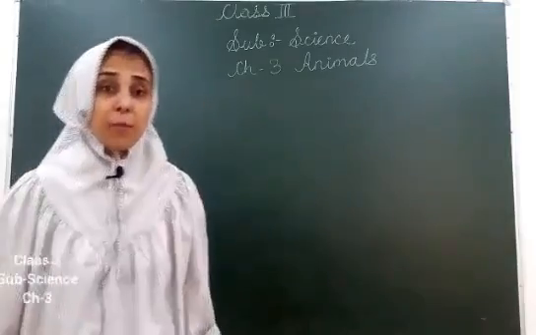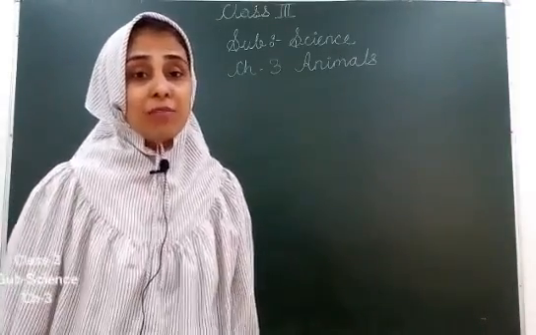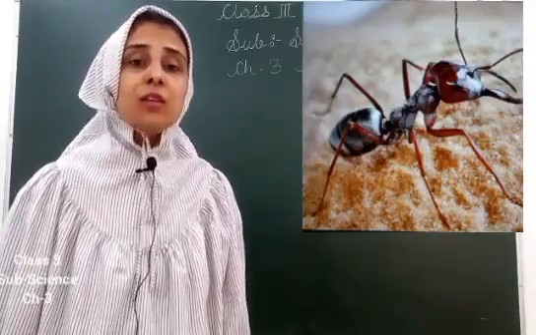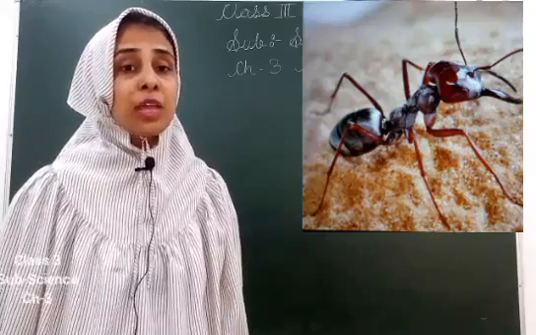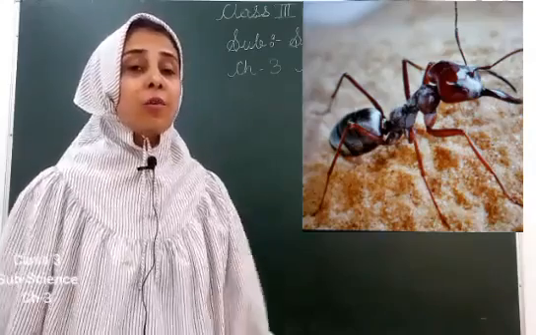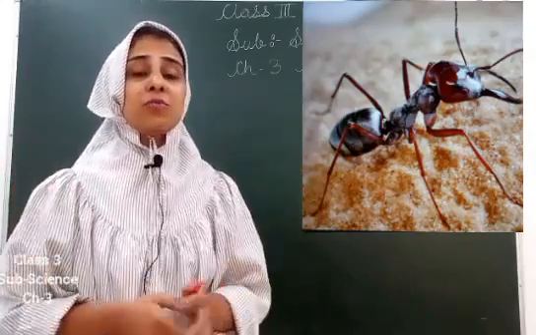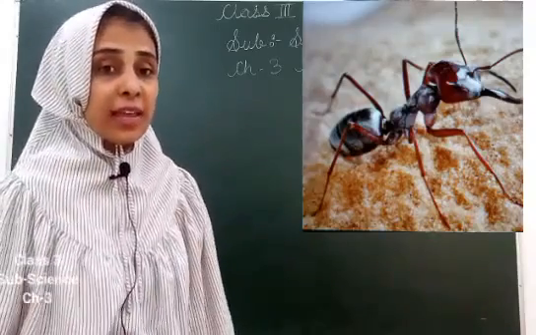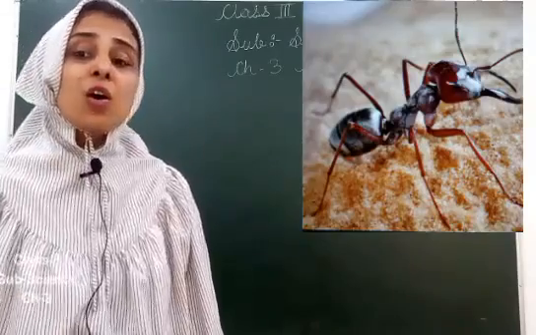Now we will learn about ants. As we have learned in the bee, bee कैसे group में रहता है ना? In one group, so they also live. Ants also live in a group, and the group is called colonies. Ants के groups जो वहाँ रहते हैं, उसे क्या कहते हैं?